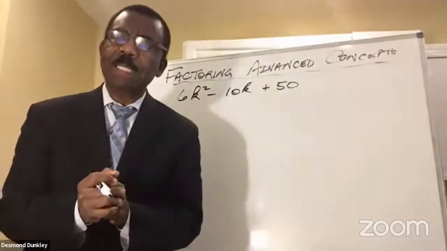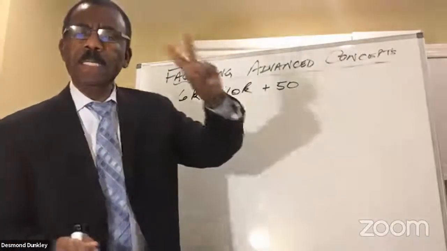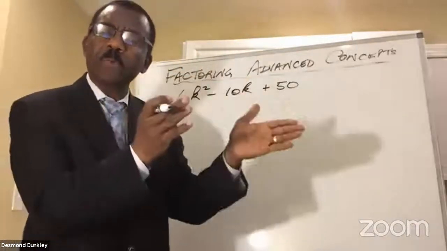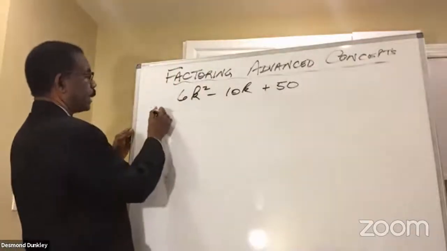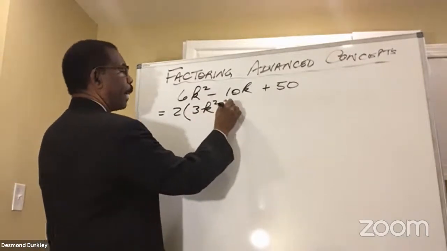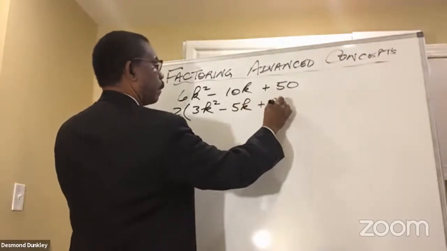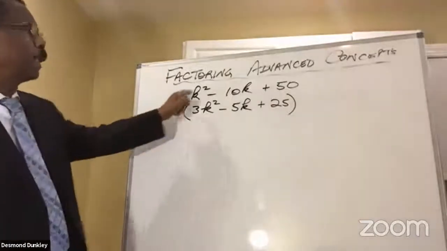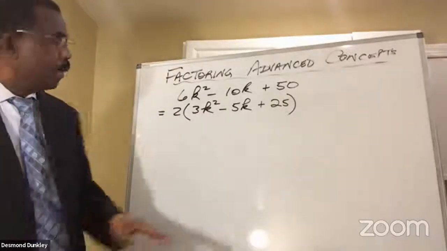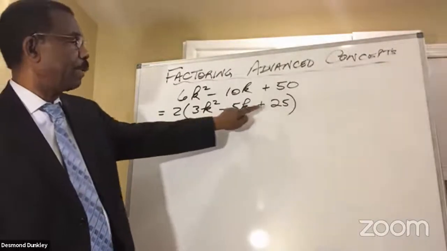Before you start to factorize this, if you look at it, you notice that all 3 numbers can be divided by 2. So before you start going crazy, just factor out a 2 to get started. So this is the same as 2 times 3k squared minus 5k plus 25. The 2 is a common factor of all 3 terms. So now we just need to factor this trinomial right here, the 3k squared minus 5k plus 25.